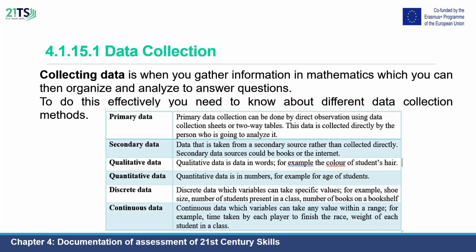So I don't have to mention quantitative or qualitative data again, but it is important to see the difference between secondary data and primary data. Primary data collection can be done by direct observation using data collection sheets or two-way tables.